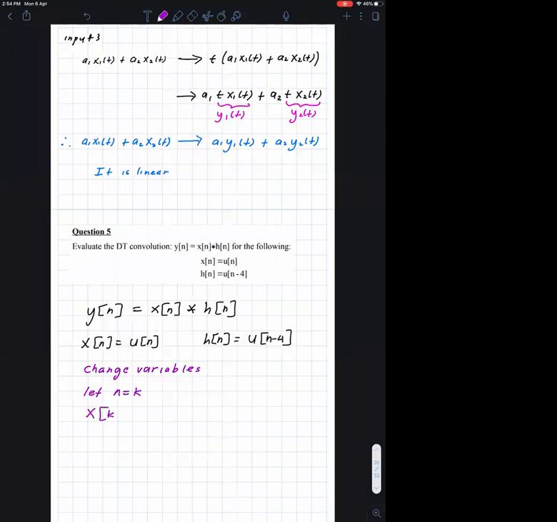Therefore x[k] is equal to u[k]. And on the other side, in h you replace the n with n minus k.